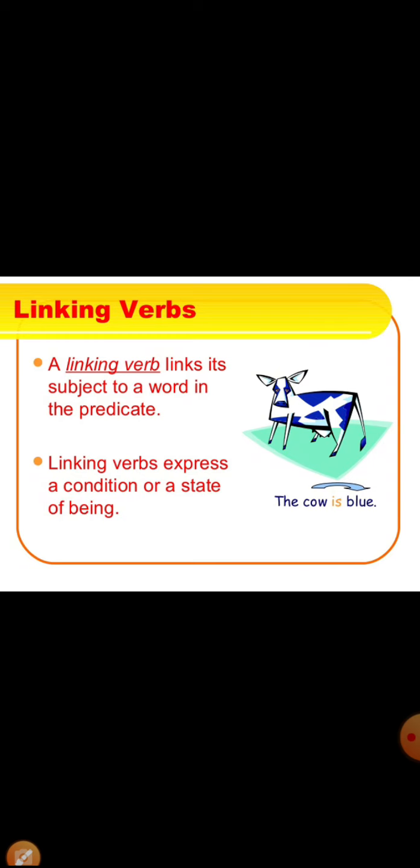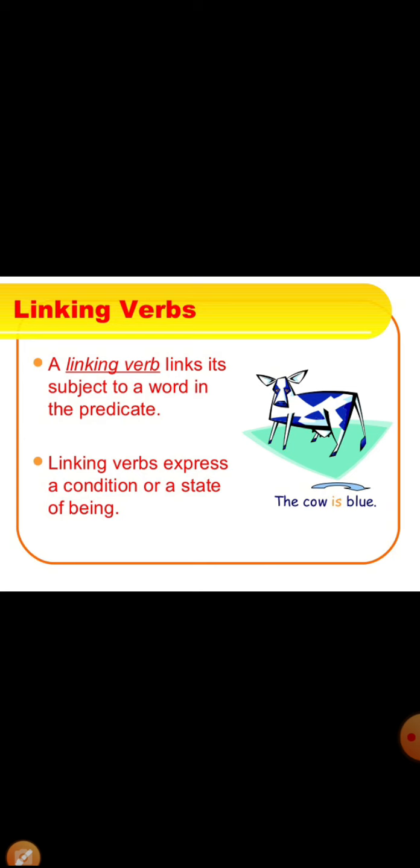Now here, is is the linking verb which relates the subject to a word in the predicate. Here the subject is cow and predicate is blue. Here is is the linking verb which relates cow to blue, that the cow is blue in color.